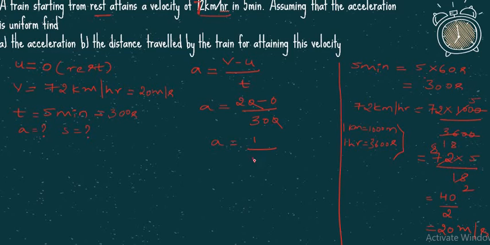So it will be 1 by 15 meter per second. Meter per second square I need to write. Why? Because it is acceleration. So I need to write in terms of meter per second square.